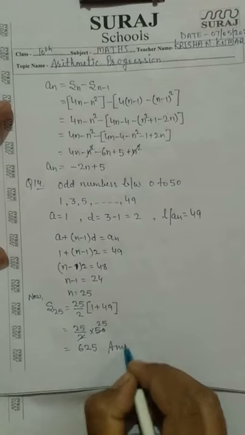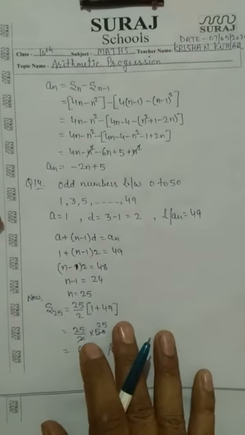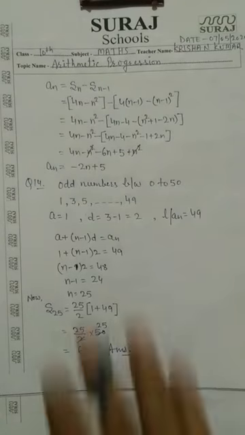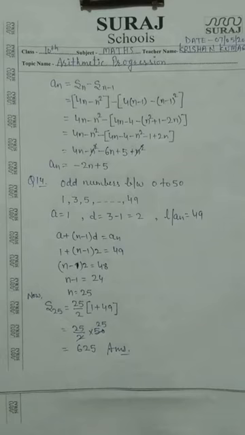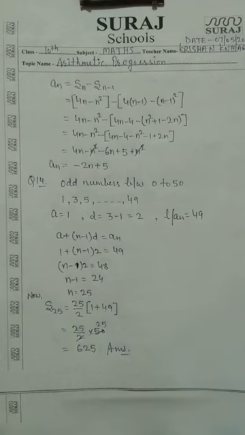Answer. Understood, student? And students, same as it is question number 12. Find the sum of first 40 positive integers divisible by 6. So beta, first 40 positive integers divisible by 6, it means first is 6, second is 12, third is 18, and so on. So beta that is the AP.